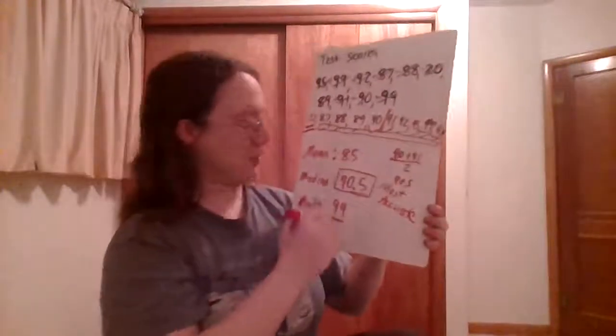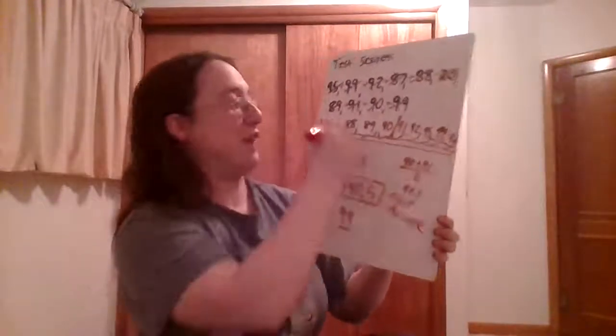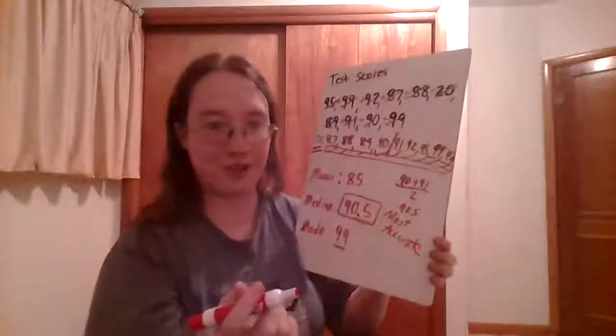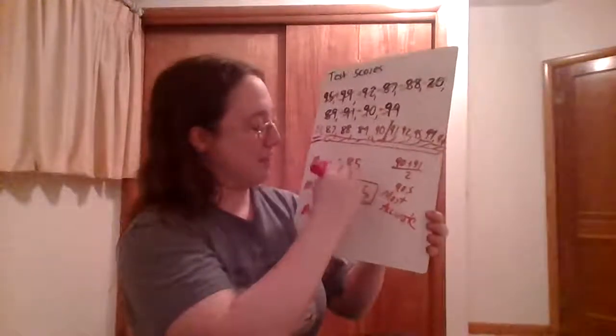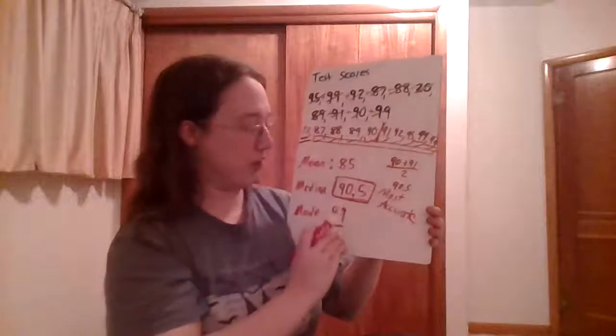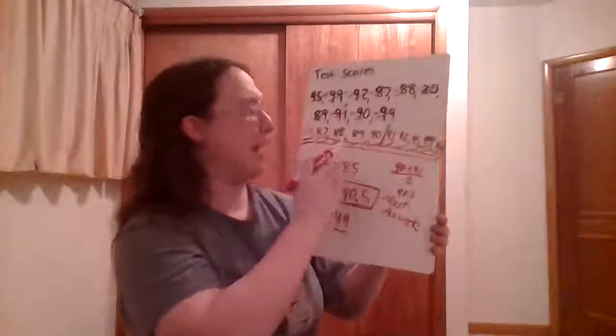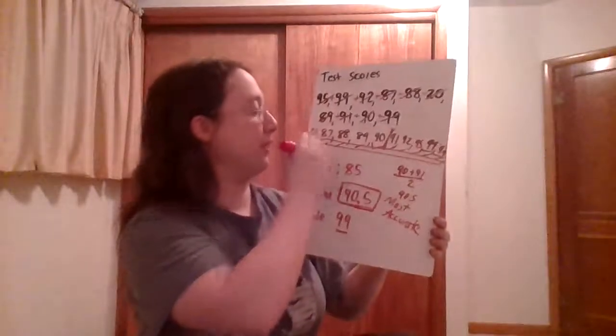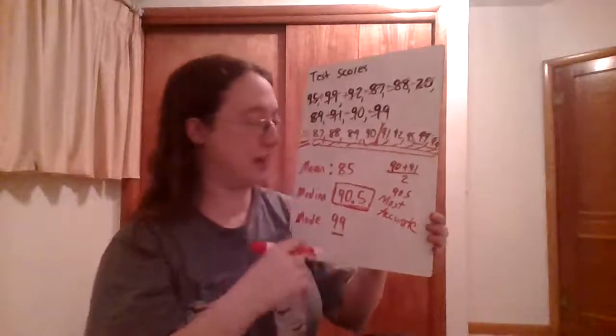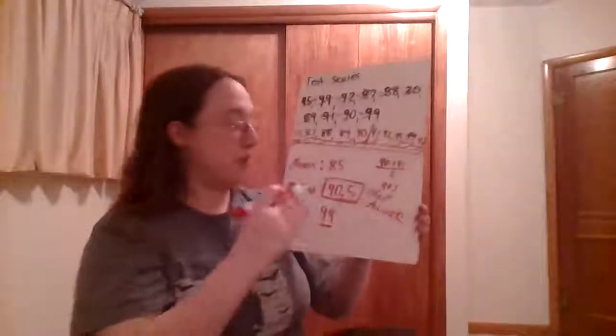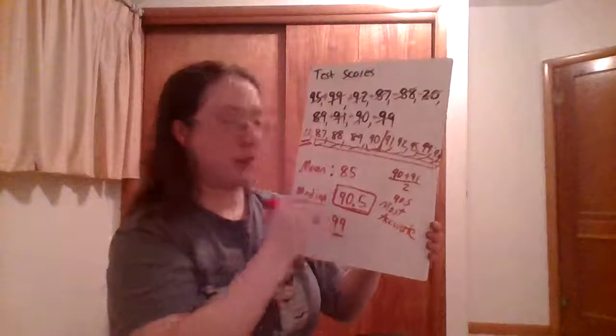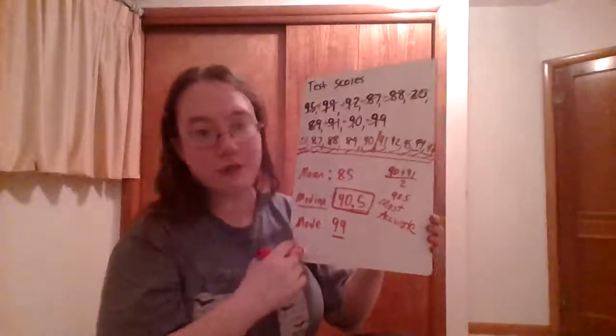And that could just as easily have happened with the lowest score as with the highest one. So this one's the most accurate. This one makes your grades look better. This one's not very accurate at all because there's just that one little low number down there that's pulling down your average. Okay, so if we want to be really accurate, this is probably the one we want. If we want to show off, this is probably the one you want.